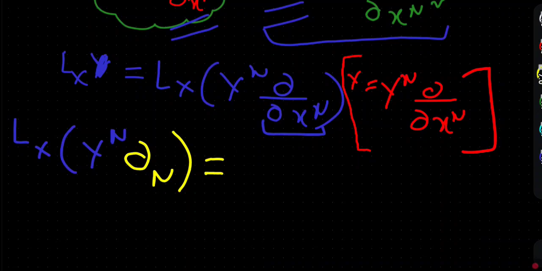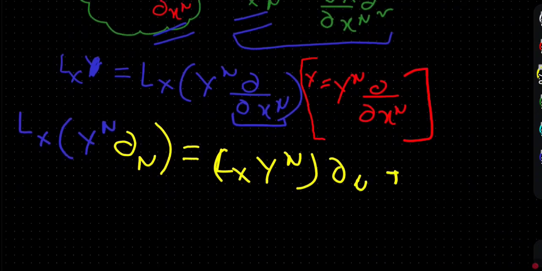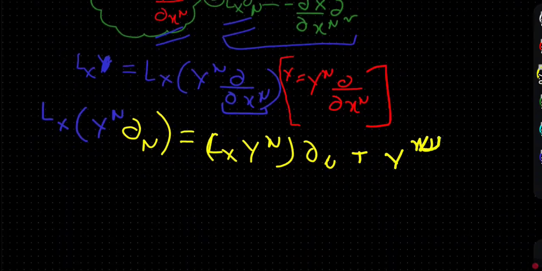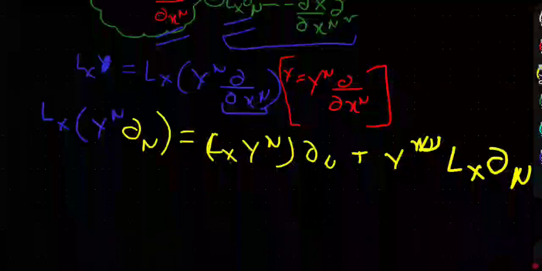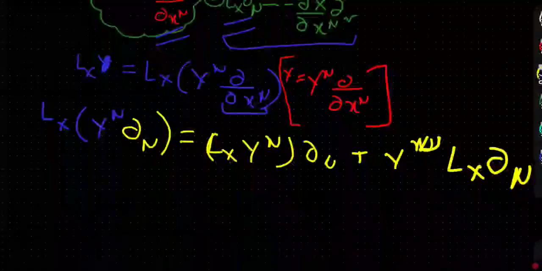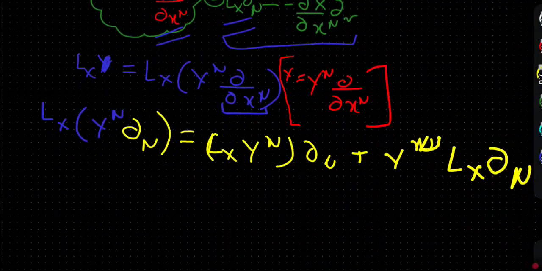Okay, so it will act like this: first of all it will act on y^mu, then del mu here, and then plus y^mu, and now this L_x will act on this del mu. So it's just like the basic differentiation rule that we have studied in class, the differentiation of functions which are in a product.